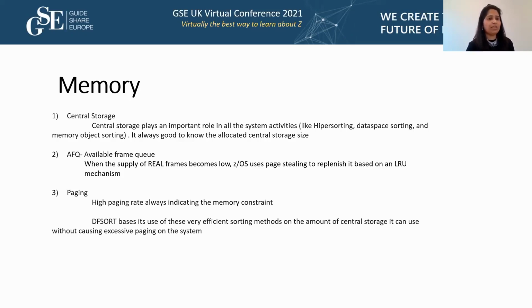And coming to paging, it is also an important factor. A high paging rate always indicates a memory constraint. For example, DFSORT bases its use of these very efficient sorting methods on the amount of central storage it can use without causing excessive paging on the system.